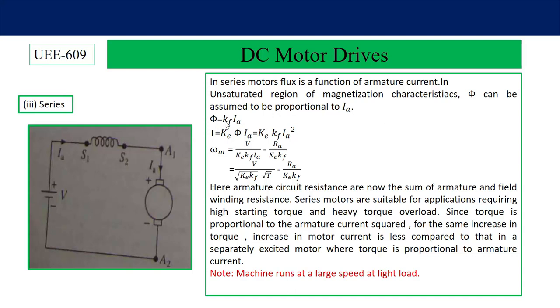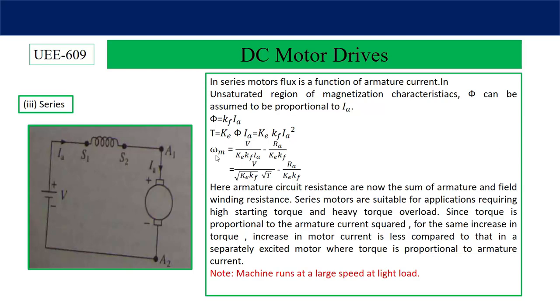So phi is equal to Kf into Ia, where Kf is a field constant. Then the torque equation becomes T is equal to K, the motor constant, into phi into Ia, and replacing phi by Kf into Ia, it becomes K into Kf into Ia square.